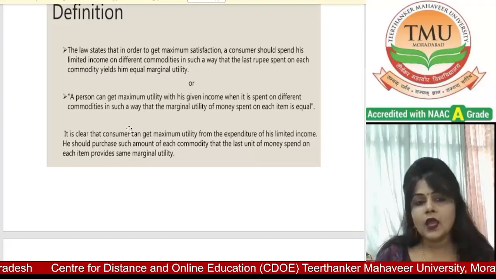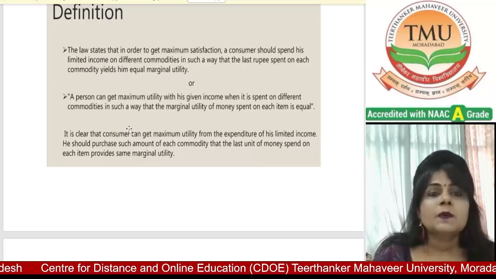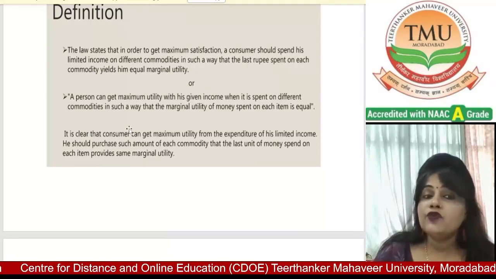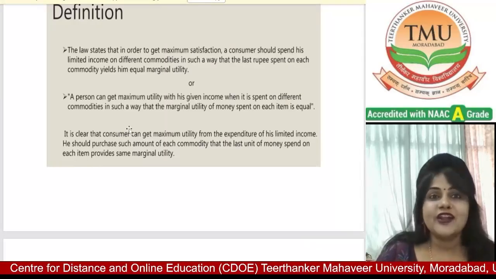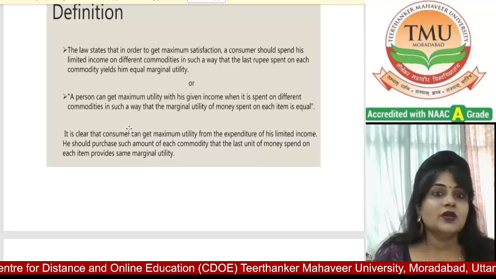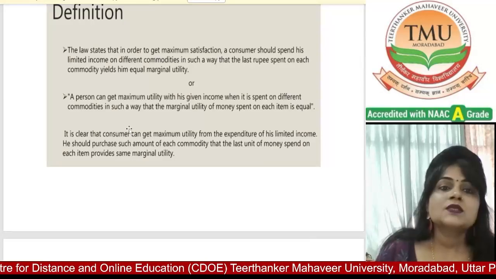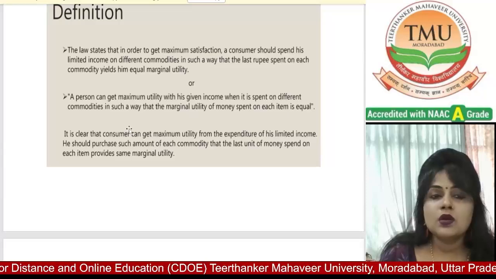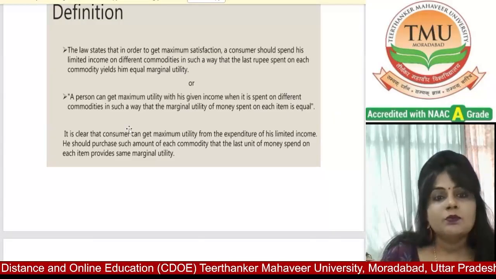Suppose I also take an example. Suppose you eat one chocolate. How will you feel? I think chocolate is a very likeable thing. Everybody, you will feel happy. Suppose you eat another chocolate. Do you still feel happy? Maybe.